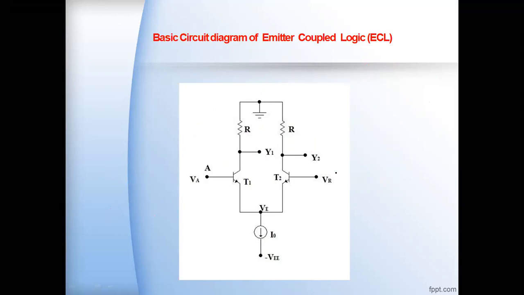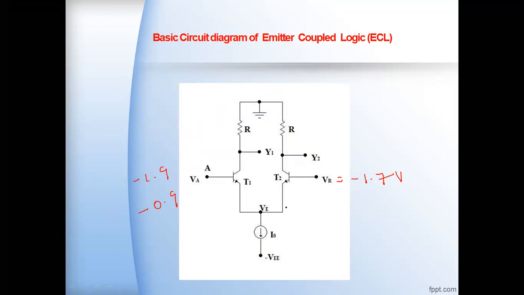So here the reference voltage is constant value. The VR reference voltage is constant value. But you are changing the input at the VA here. One time you are using the -0.9 and the other time you are using the 0.9 volts.